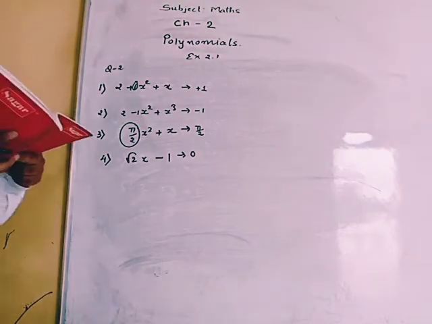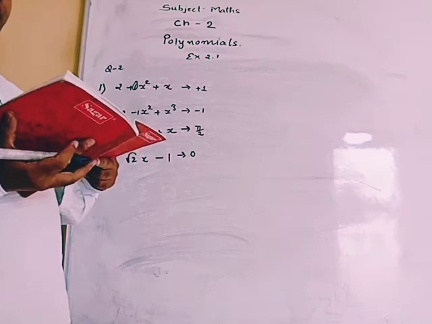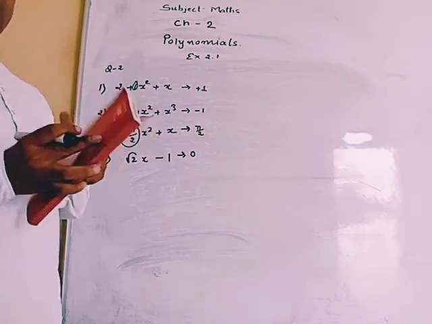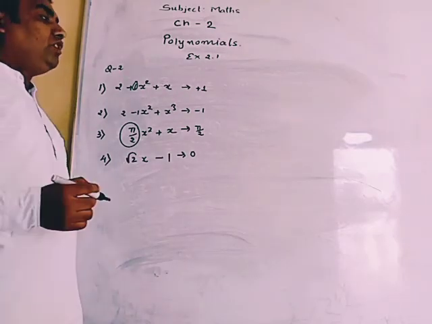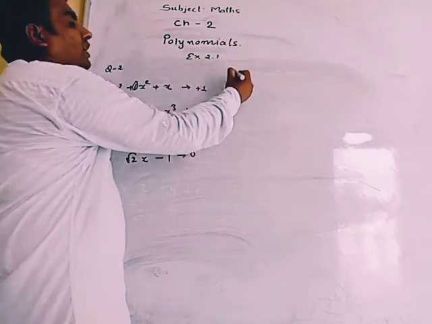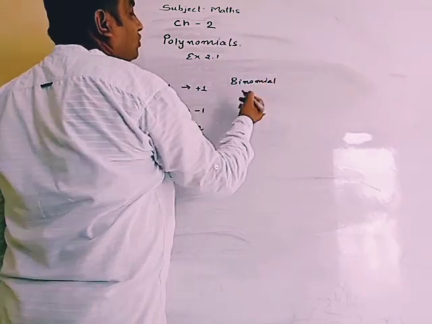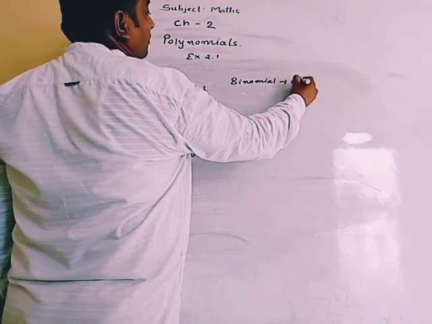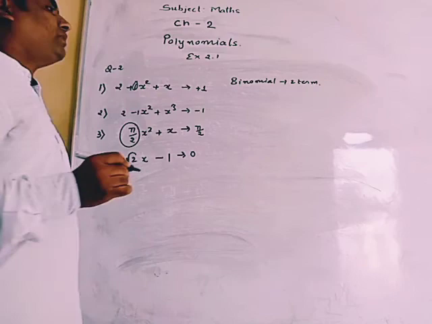Now we are given question number 3. Give one example each of a binomial of degree 35. So we want to write a binomial. We know that binomial means 2 terms, and degree 35 means the highest power we have to take is 35.